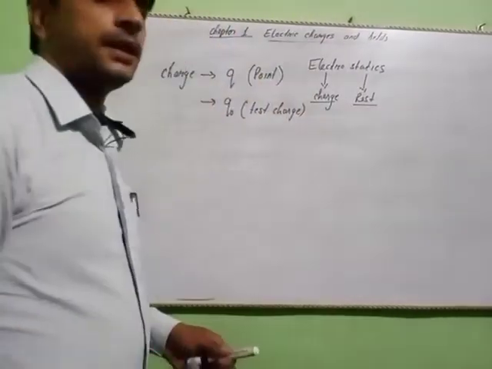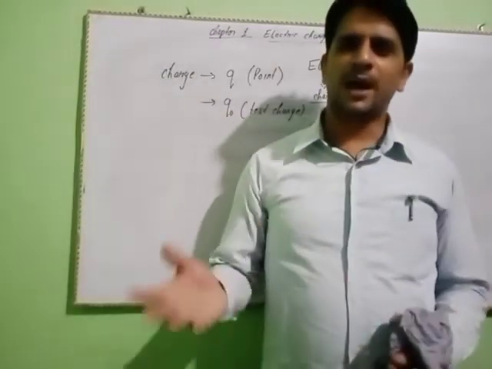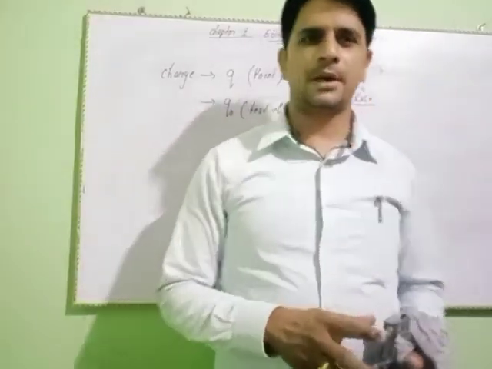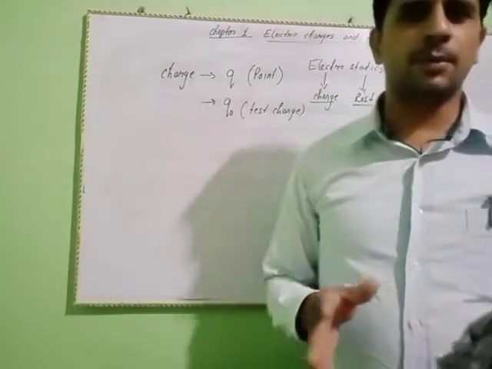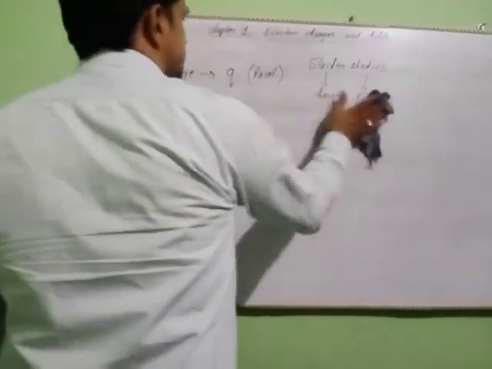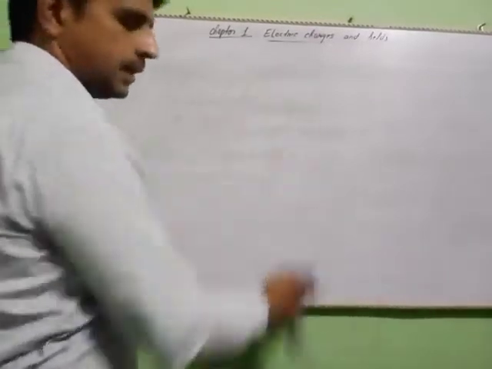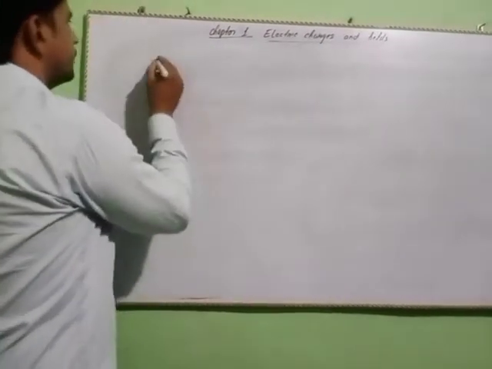Now as I said, charge is an intrinsic property of matter, and you all know mass is also an intrinsic property of matter. So what is the comparison between a charge and a mass? Let us discuss that.